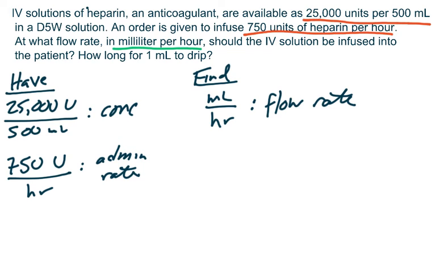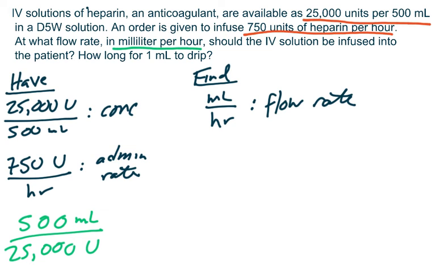And again, we can look back at the equations that we have, or we can just simply work our way through this with dimensional analysis and see that we want milliliters on top. And so milliliters only shows up in one place, which is the concentration. And so we will flip that to put milliliters on top. So we have 500 milliliters over 25,000 units.